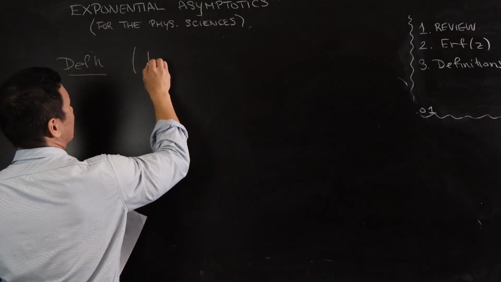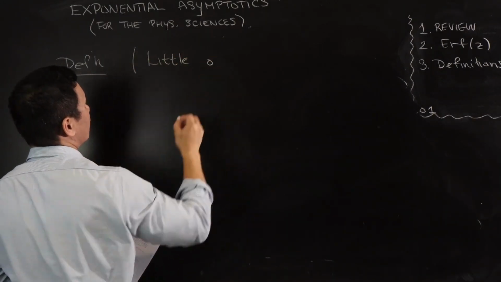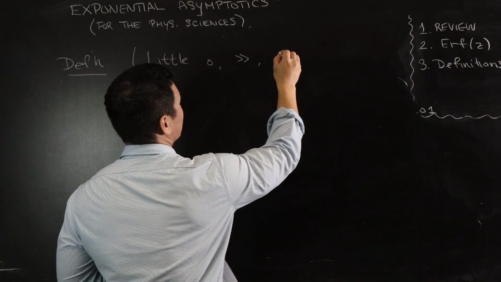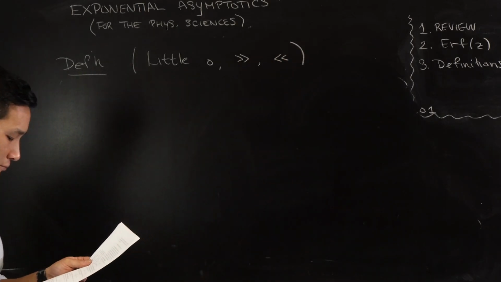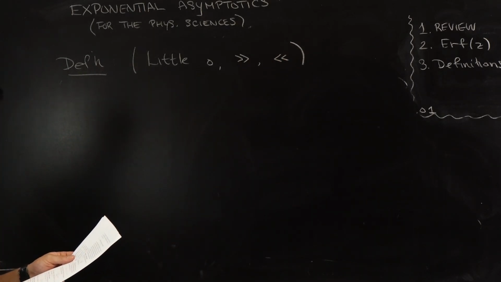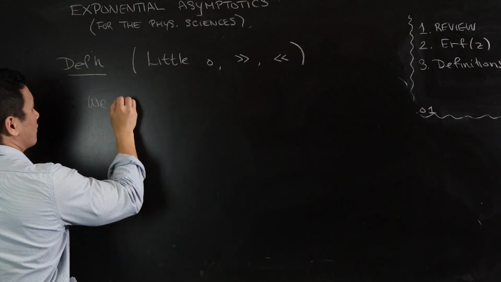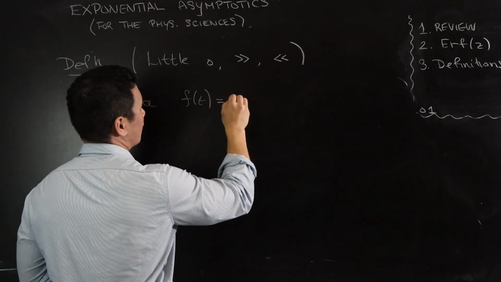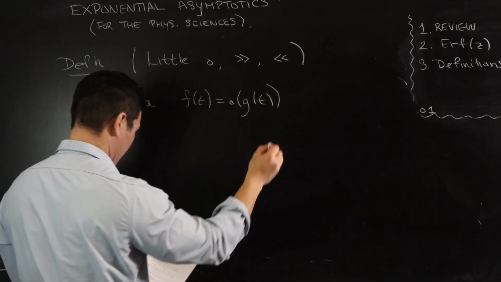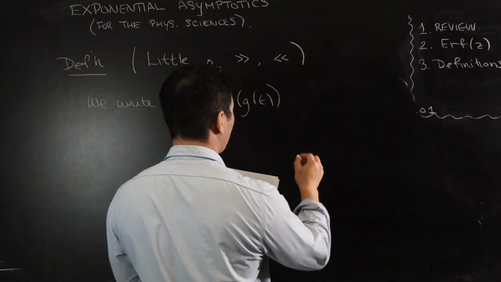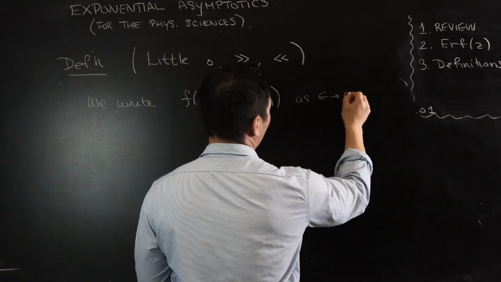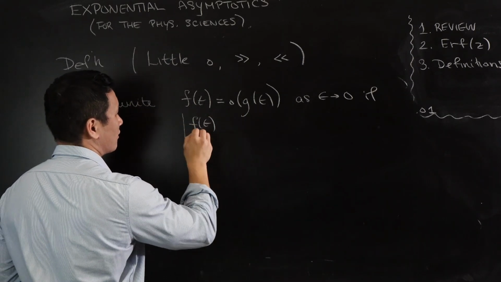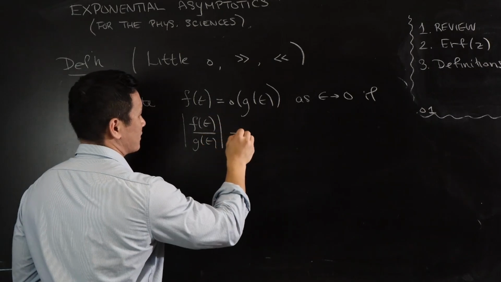So the next definition is little o, and then this symbol here, which we call much greater than, and then this symbol here, which we call much less than. Okay, so we write that f of epsilon is little o g of epsilon as epsilon goes to 0 if the ratio between f of epsilon and g of epsilon tends to 0 in that limit.